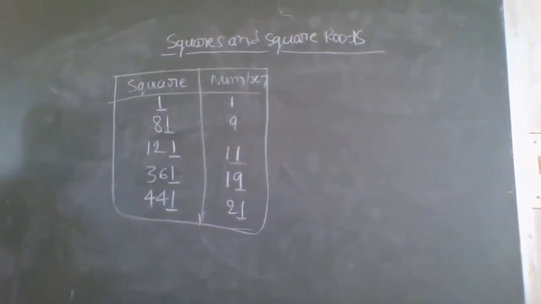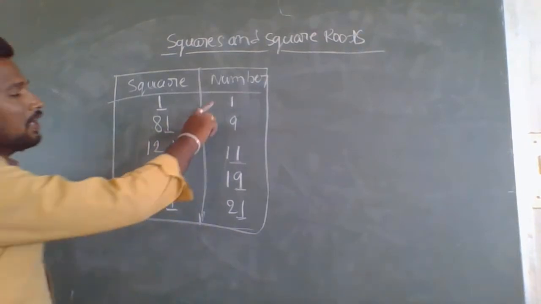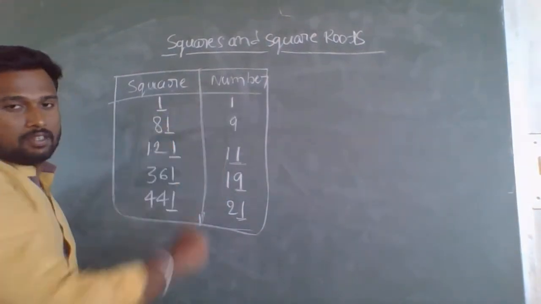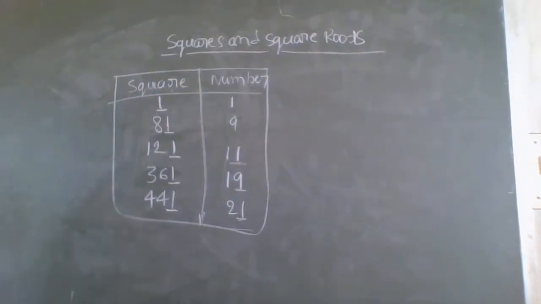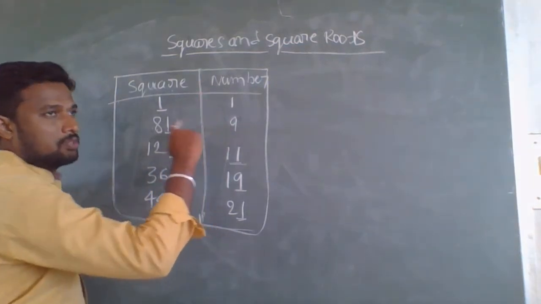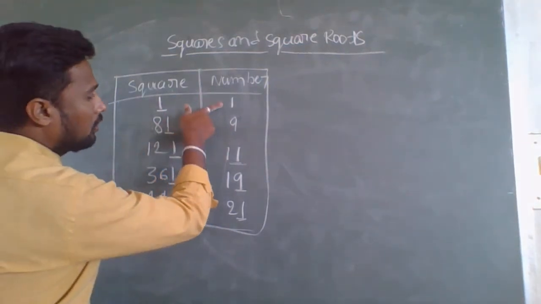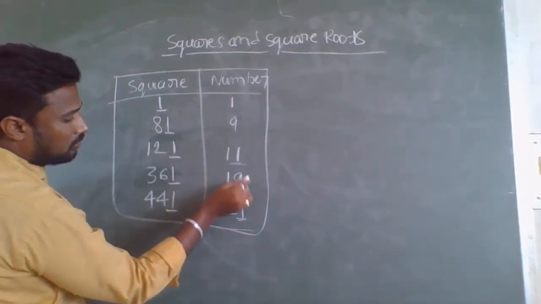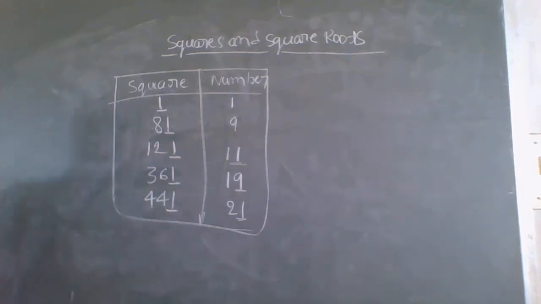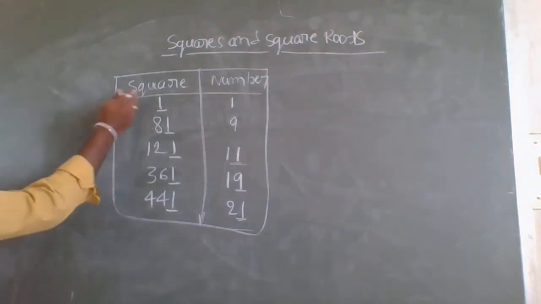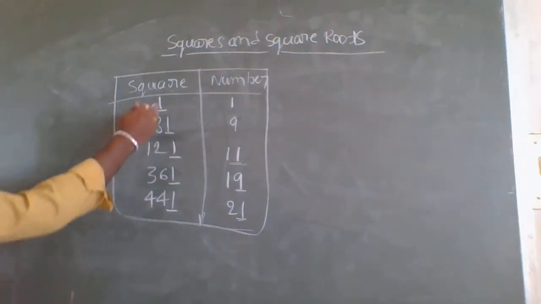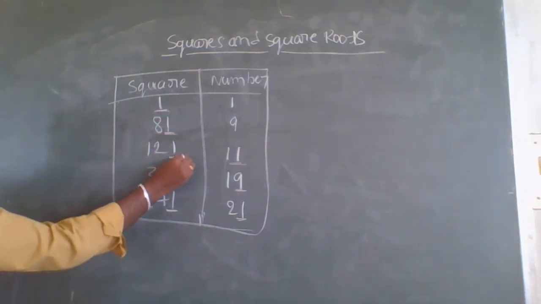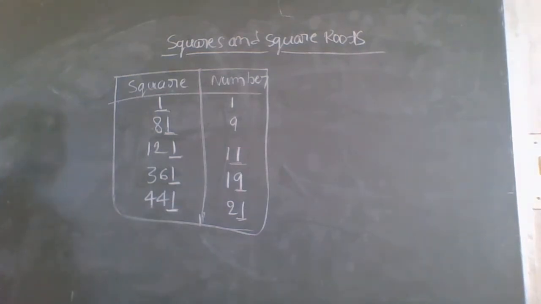So we can say that when the unit place of any number is 1 or 9, the square number always ends with 1.